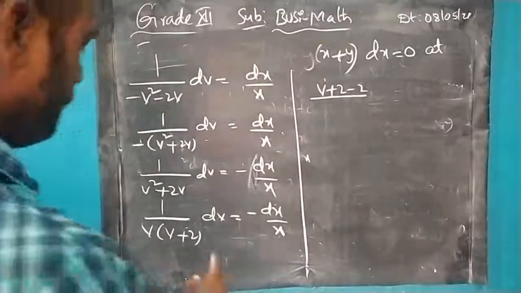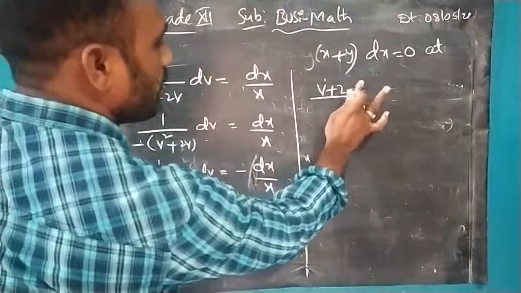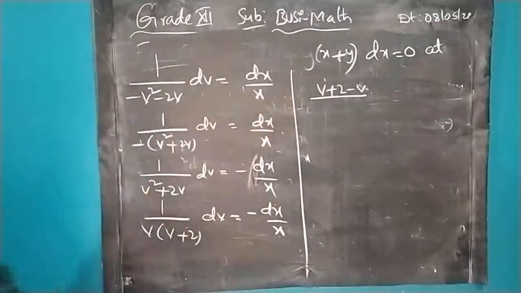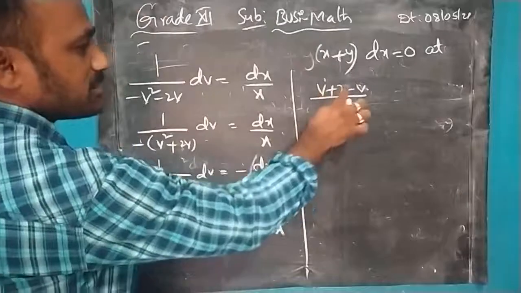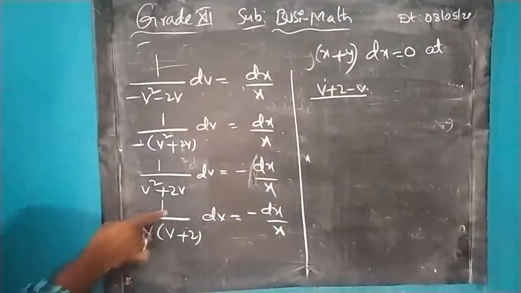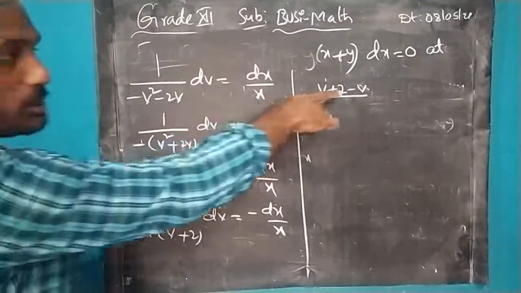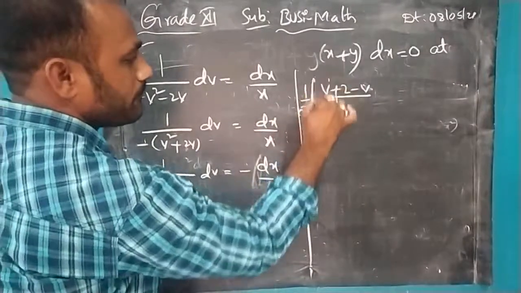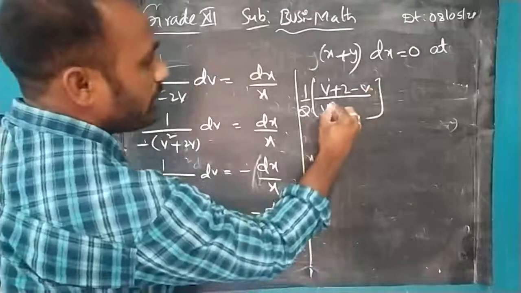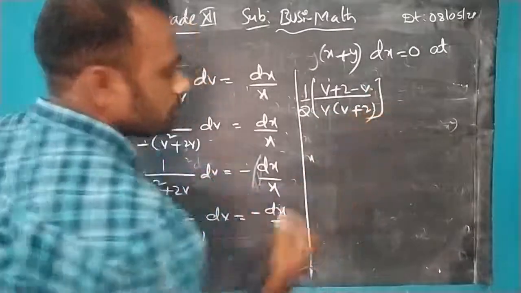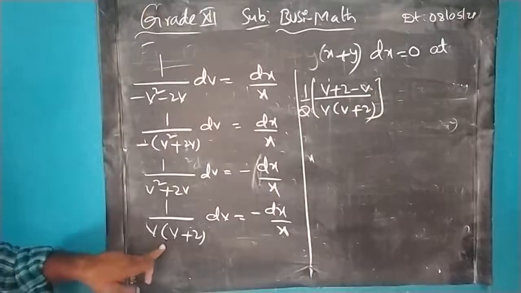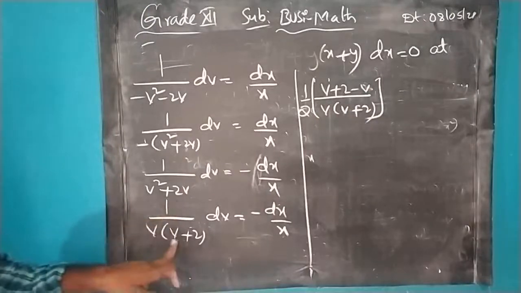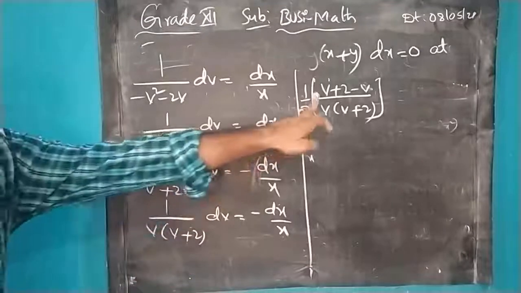So for that reason, in place of v plus 2, let us write here v, because a variable cancelling is no issue. A number we can multiply in front. So v gets cancelled, we will get an extra 2. Why? Because in the numerator there is no 2 at all. But we need 2. If I want 2, what will I do? I will divide by 2, into v plus 2. So look at here why: because we do not have a 1 by uv formula. That is the reason we are making use of this.